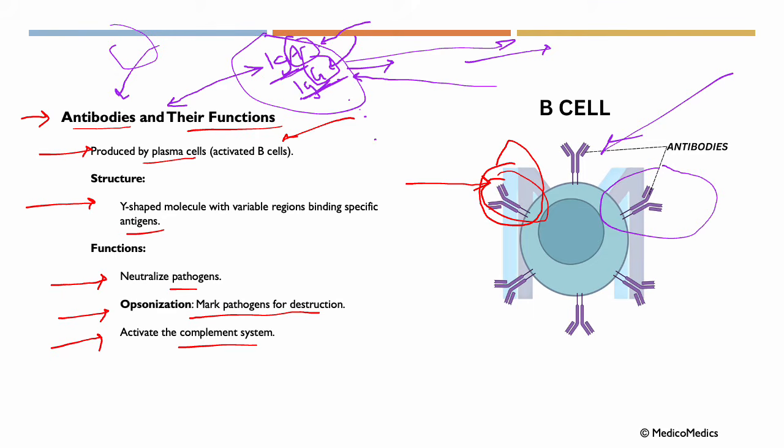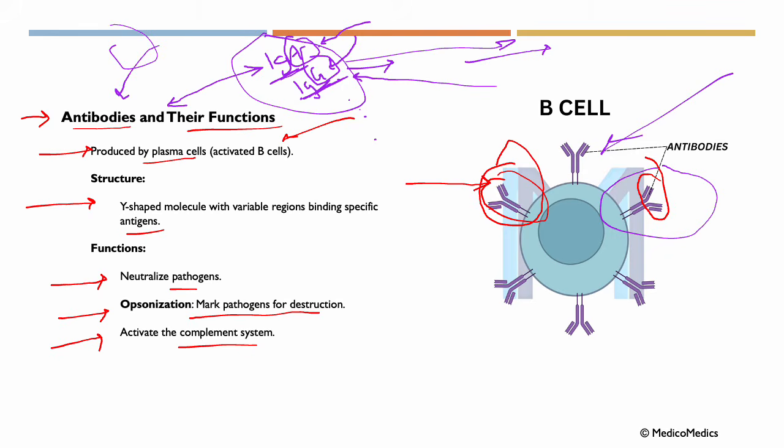So the variable region, we're talking about the tip of the antibodies. And the tips of these Y-structured antibodies are unique for each antibody. These regions bind specifically to a particular antigen's epitope. And an antigen's epitope is a small, recognizable part of that antigen.